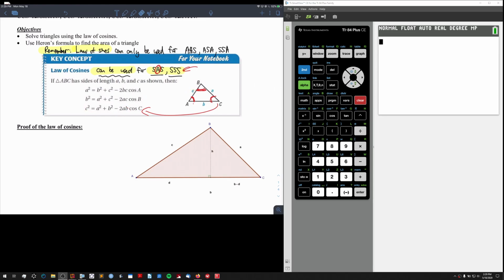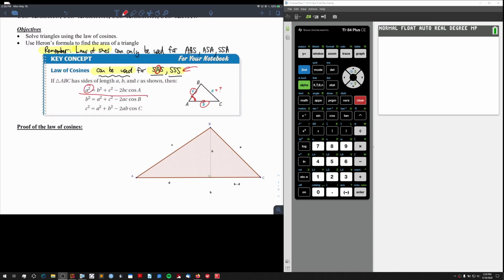Okay, and likewise, if my missing information is side A, I don't know what this is, but I know B squared, I know B and C, and cosine A, I know angle A, then I'll use this formula.